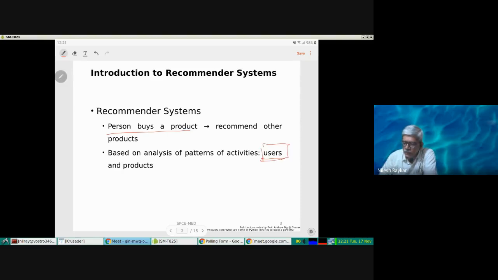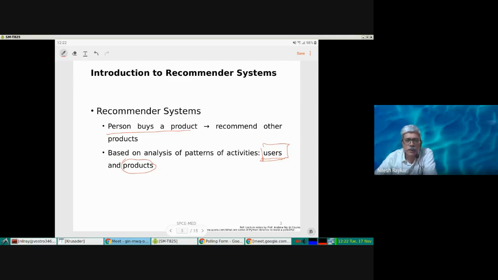So there are millions of users for somebody like Amazon, and they similarly have millions of products. So they always have live data as to which products are liked by which users, and some more information related to that. So using this information, essentially this recommender system works, or at least the basic recommender system that we are going to learn, they work on this.